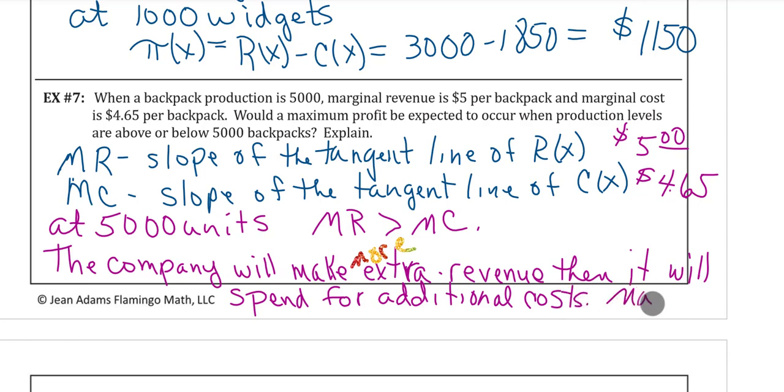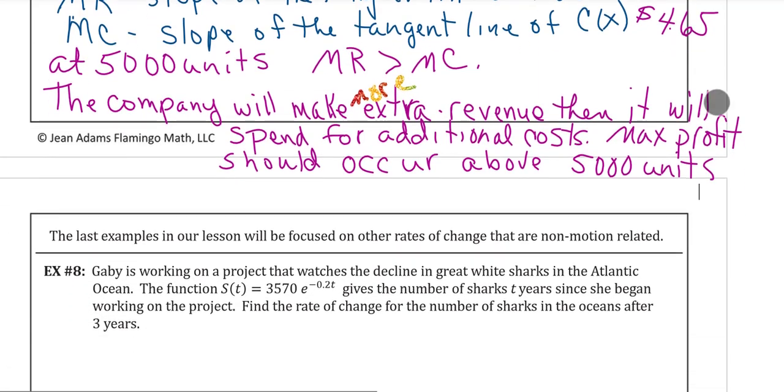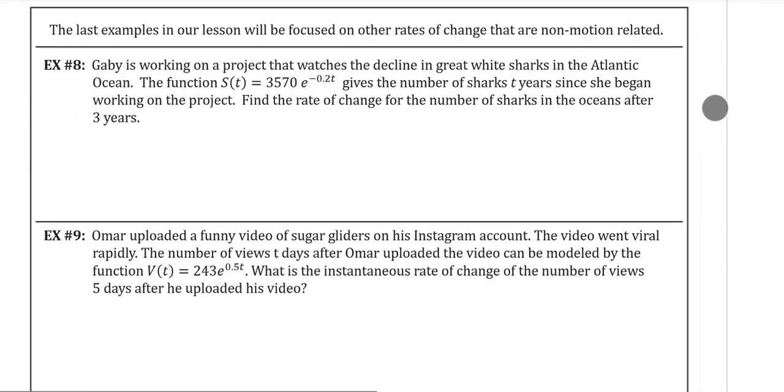So the max profit, sorry, I'm running off the paper, should occur above 5,000 units. Could be right at 5,000 units, but we would need more data to be able to answer that in more detail. It's just the idea of understanding that marginal revenue is the extra revenue you get for producing more. So there's enough of a gap between the marginal costs and the marginal revenue to make it worth it to go above 5,000 units.